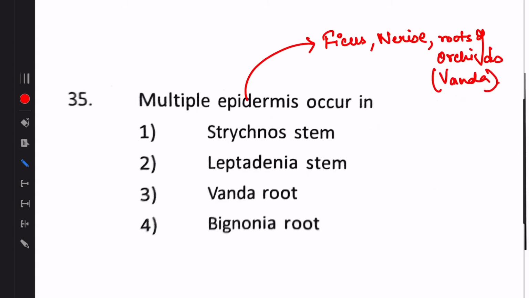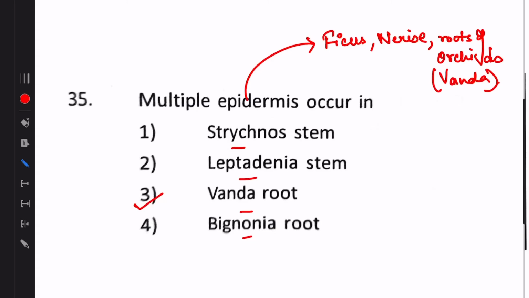And this multiple epidermis in orchid roots is named velamen. From here it's saying Strychnos stem, Leptadenia, Vanda, Bignonia. So our answer is number 3.